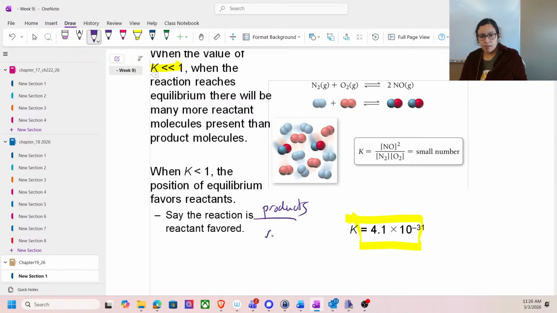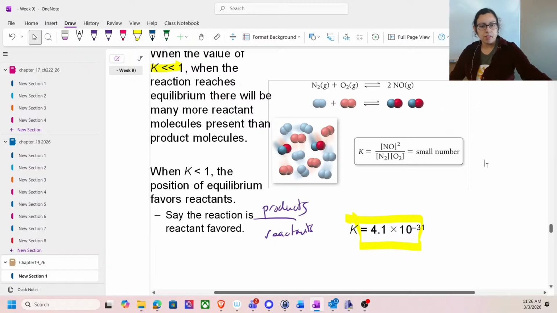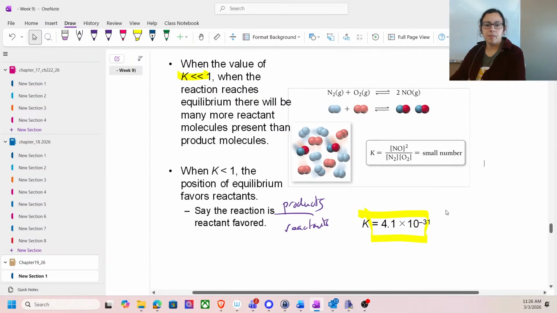So products over reactants. So it's favoring the reactants, and that's a good sign for us, because you can imagine what the implications would be if this number was high, right? That would mean that our equilibrium would favor NO if it was the opposite, right? And then what air would we breathe? So that's really good that this equilibrium constant favors nitrogen and oxygen there. So again, just thinking about what that means for our reactants.